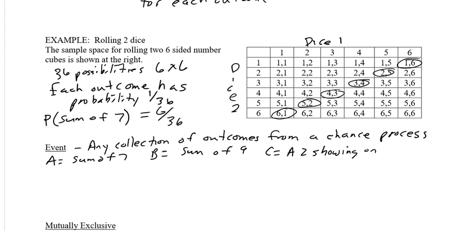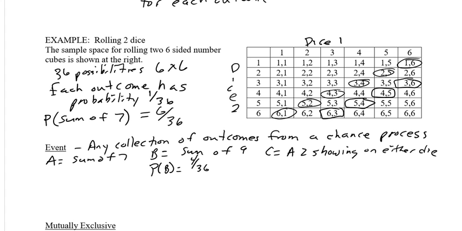And we can calculate probabilities. We already talked about the probability of getting a sum of 7. For the probability of B, we've got 6 and 3, 5 and 4, 4 and 5, and 3 and 6. There are four things that give us that. There's a 4 in 36 chance of getting a sum of 9.